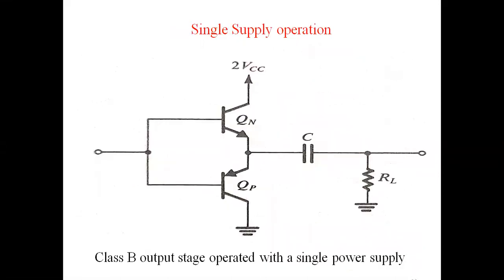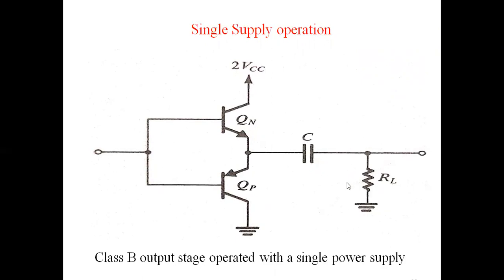Next, single supply operation. The class B stage can also be operated from a single power supply, in which case the load is capacitively coupled, as shown in this figure.